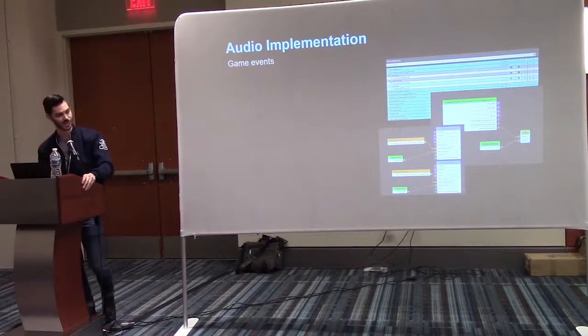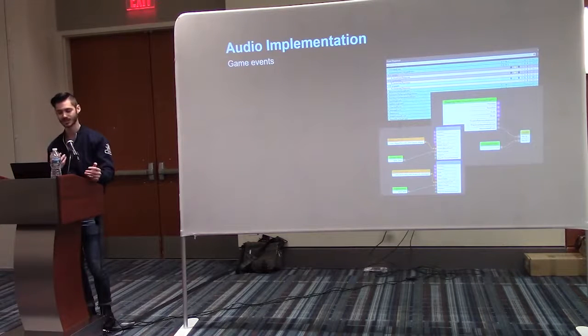These pictures are an example of our game engine, Insomniac's engine. It's not exactly the same for all game engines, but these three are pretty similar techniques of implementing sound in your games.